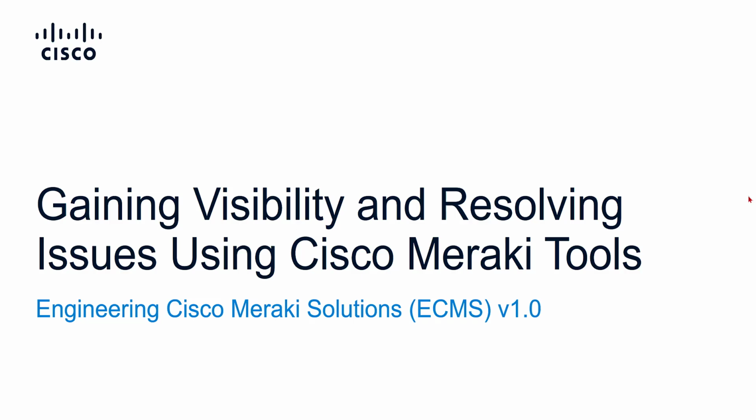We're also going to look at exploring different wireless troubleshooting tools in a demo, looking at troubleshooting Cisco Meraki cloud application performance, and then we'll look at troubleshooting the Meraki Auto VPN.